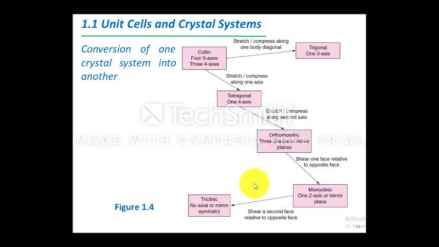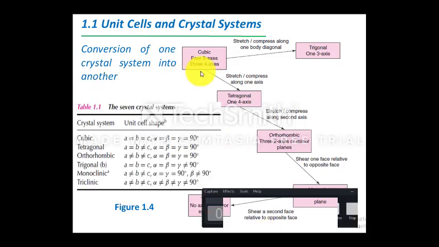Now we will talk about conversion of these 7 crystal systems into one another. These 7 crystal systems can be converted into each other, starting from cubic symmetry. It can be converted to tetragonal, and tetragonal to orthorhombic. So here is the table 1.1.